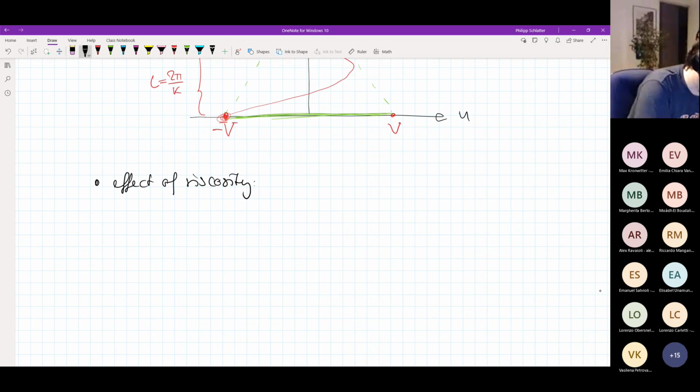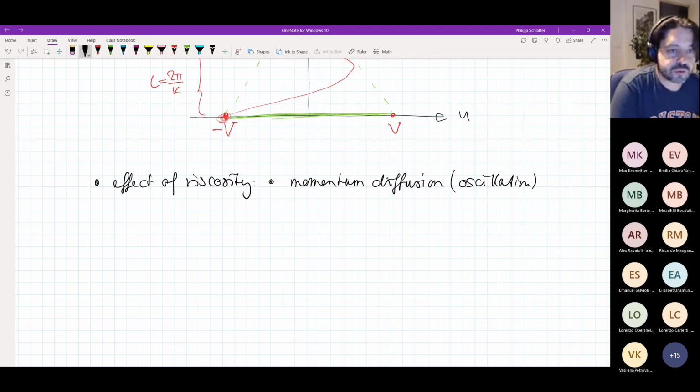So we have momentum diffusion, and this is part of the oscillation that we impose. But in this case it's not just diffusion, so that it's propagating upwards. There's also damping.